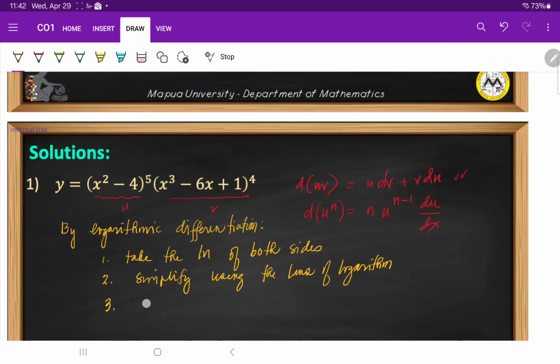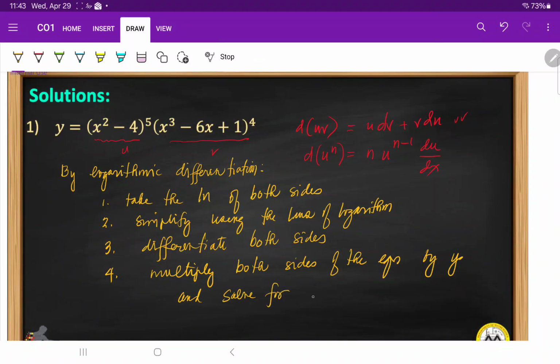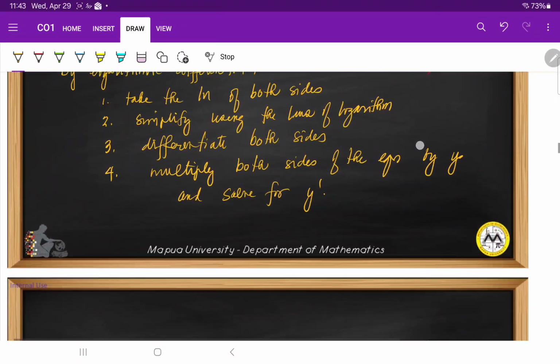The next step is to differentiate both sides. Then the fourth step, after differentiating both sides, is to multiply both sides of the equation by y and solve for y prime.